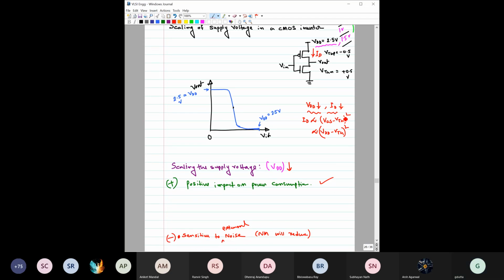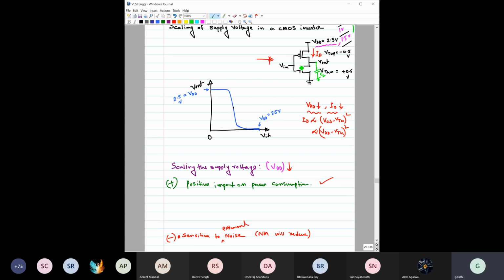For this transistor action, for this inverter action? Okay. This inverter is driving what? What is connected at its output? Capacitor. Right, so it is driving a capacitor.